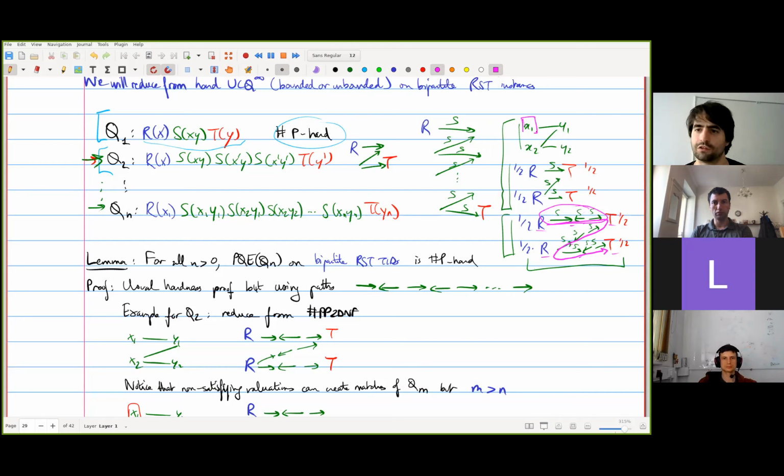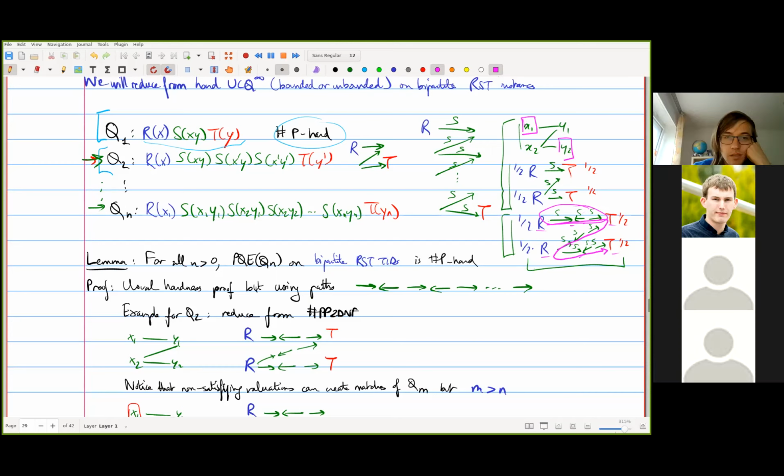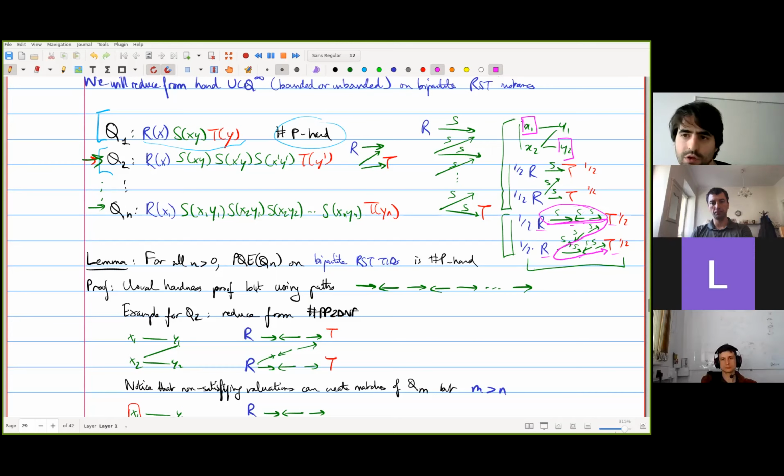So if I take, for instance, these two variables in the PP2 DNF, I take these two variables to be true, then the PP2 DNF formula is not satisfied. But in codings like this, I will always have a path going here and then back and then forward if I don't limit the length of the path. So this kind of coding actually does not work.